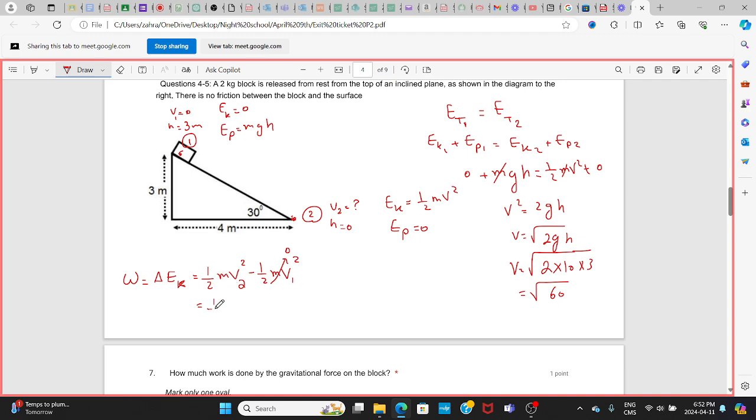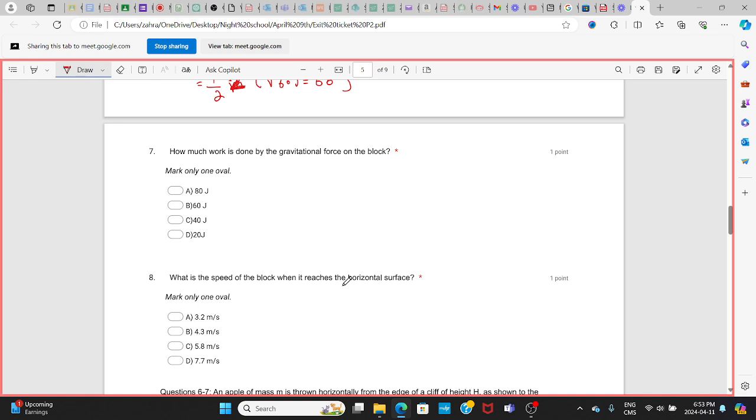Just put it there: half m, and m is 2 kilograms, so put 2. Square root of 60 squared, the square and square root cancel, and the 2 and 2 cancel. It would be just 60, and the unit is joule.